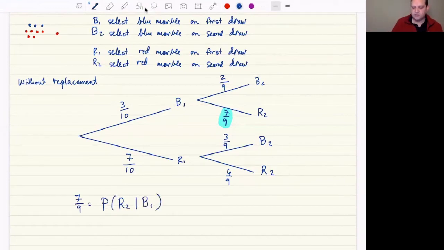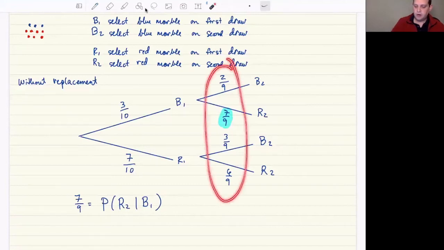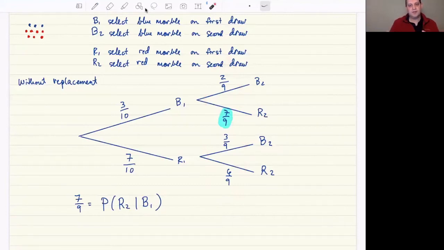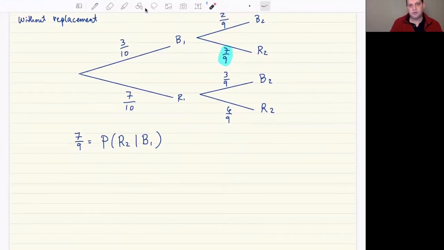So that 7/9 is really the probability of R2 given B1. B1 had to happen first in order for that R2 value to be what it is. So the numbers on the second set of branches are all conditional probabilities. They're all the probability of something given something else, probability of A given B. So that's the probability of R2 given B1.